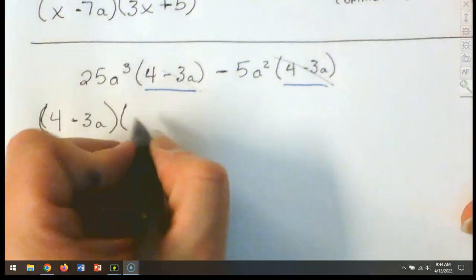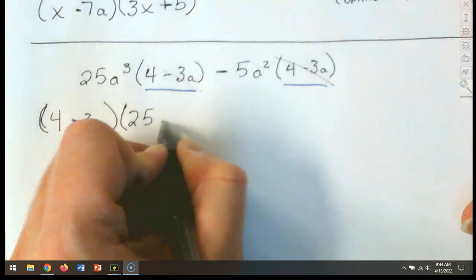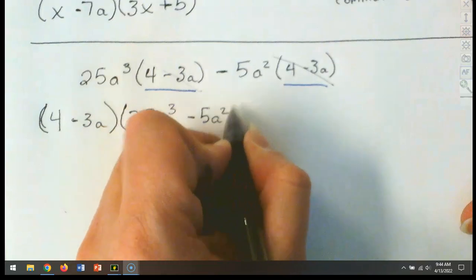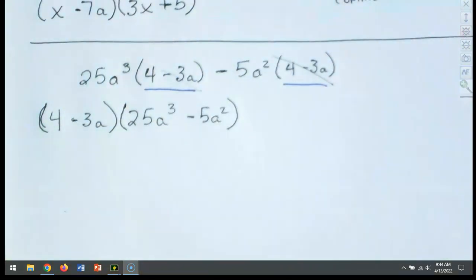Well, what's left over is a 25a cubed minus 5a squared. This is the first problem where we are not completely done. Whenever you come up to a question on any of these, you've got to look and make sure that you cannot take more out.